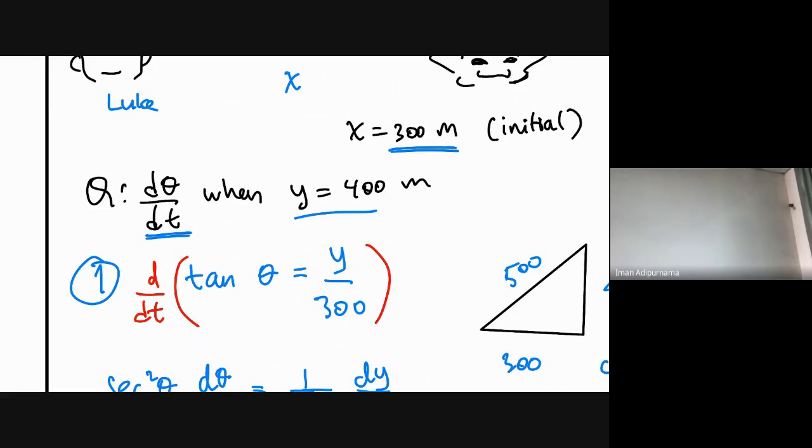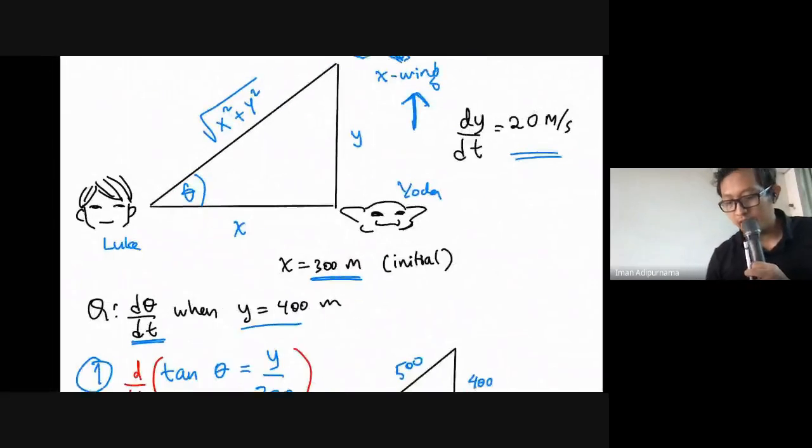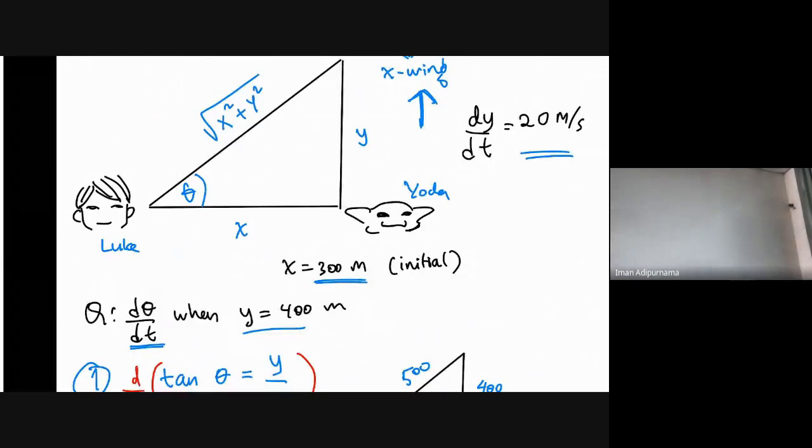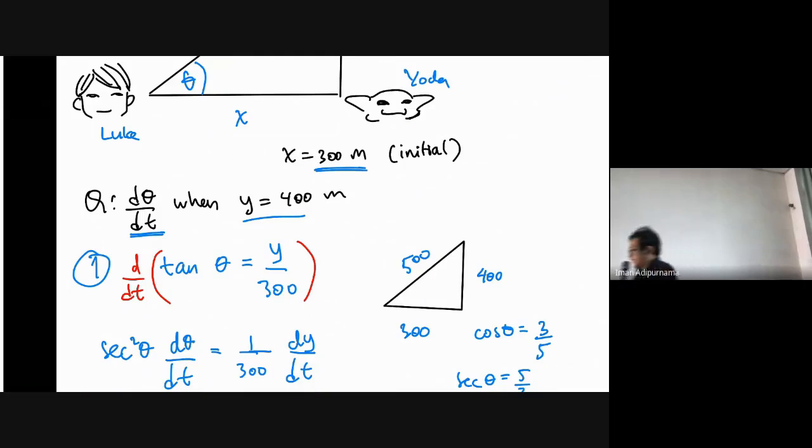For example, if the question has a change in x and y is constant, then I think it's better to use cotangent. It's helpful because if you just have this y, then the derivative of y over 300 is just 1 over 300 dy dt.